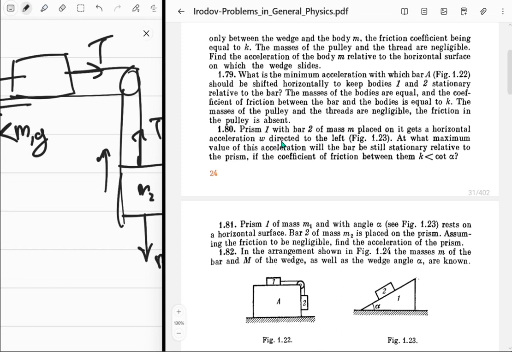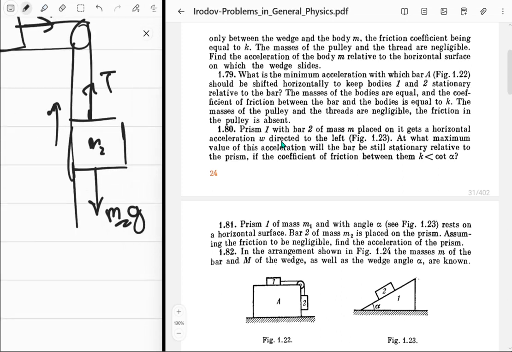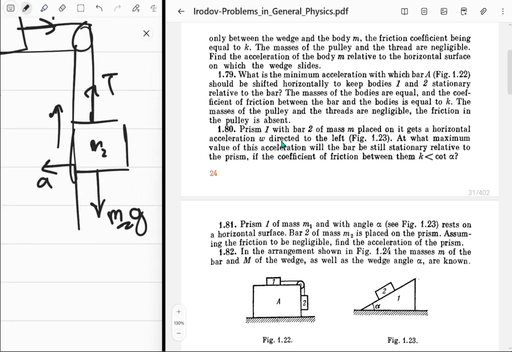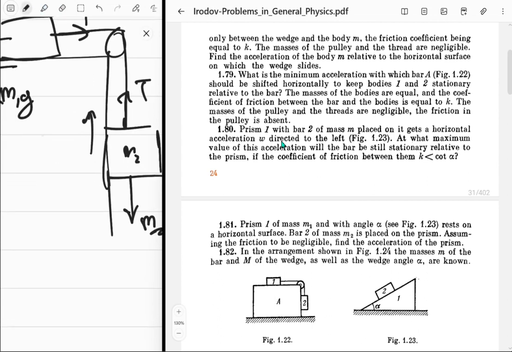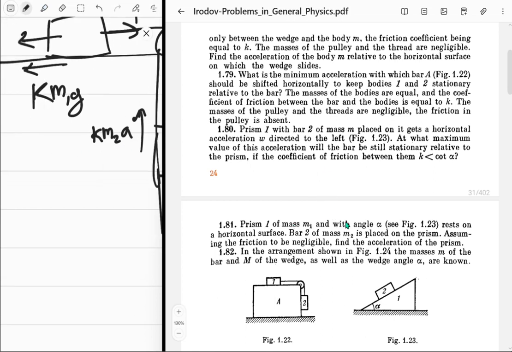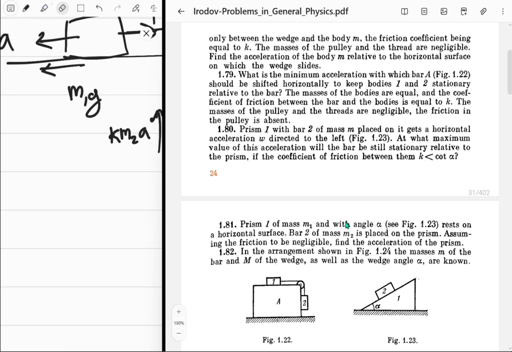But for this guy that's not the normal force, because now it has acceleration in this direction. So the normal force will be m2a, and that's why this is going to be K times m2a. Wait, do these K's differ? It's like K1, K2. You know what? I'm going to use K1 and K2 so it's done once and for all.